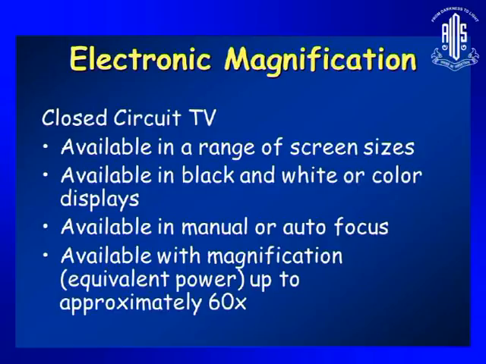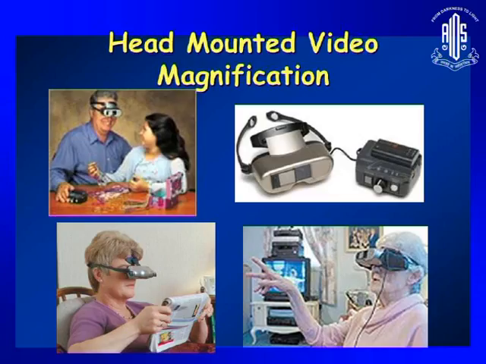And then currently head-mounted magnification is coming into the market. You should have read about the Samsung Gear. Probably in a couple of years, we might have all these gadgets coming into the field, and low vision is no exception. We will get all that technology into these head-mounted gears.